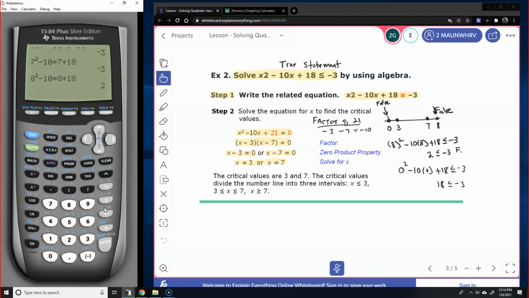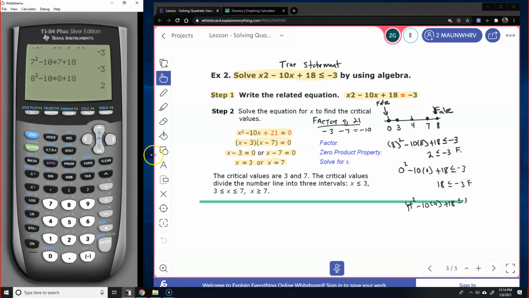And so we can check 4. Let's go ahead and check 4. So I have 4 squared minus 10 times 4 plus 18, and we're going to check if that's less than or equal to negative 3.